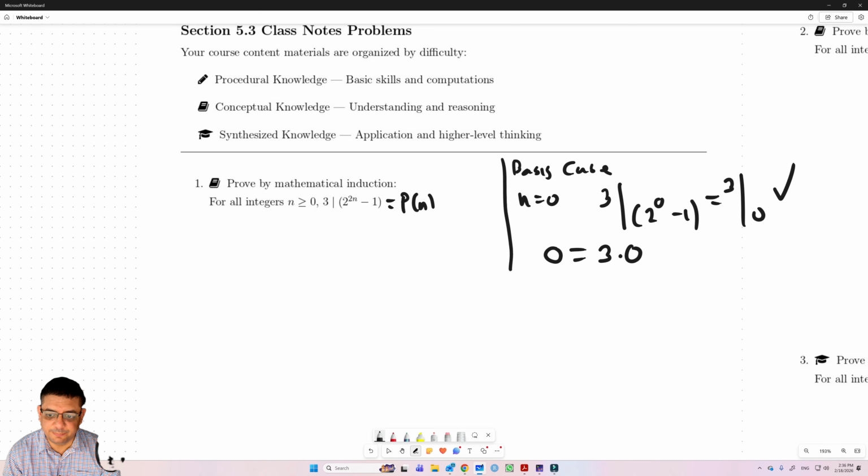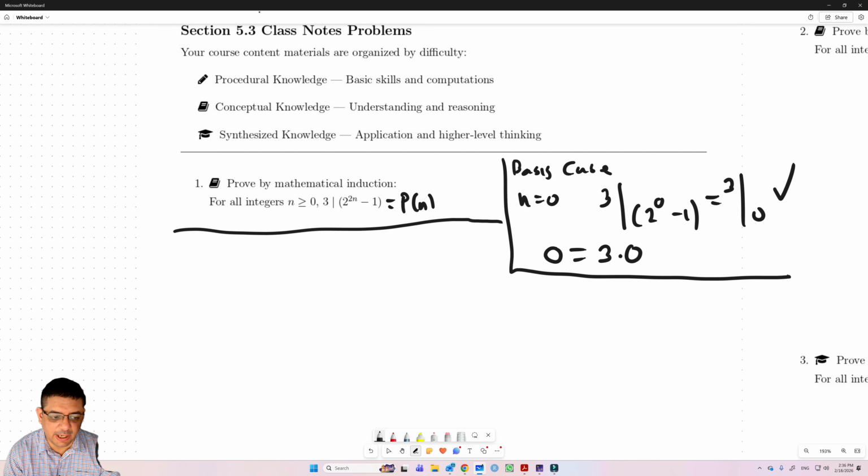Now, for the induction hypothesis, for k that belongs to the integers, we have that 3 divides 2 to the 2k minus 1. That's going to be our hypothesis.